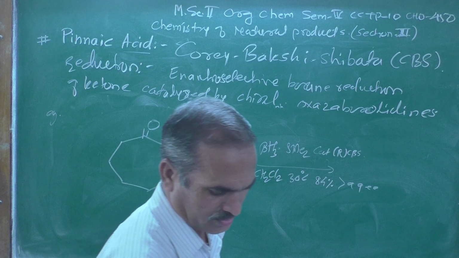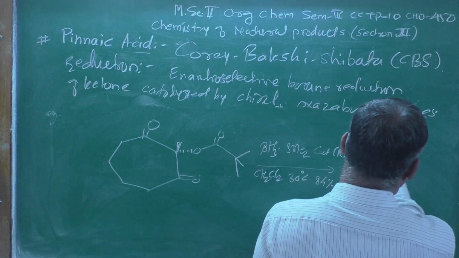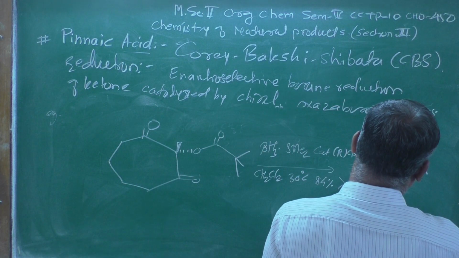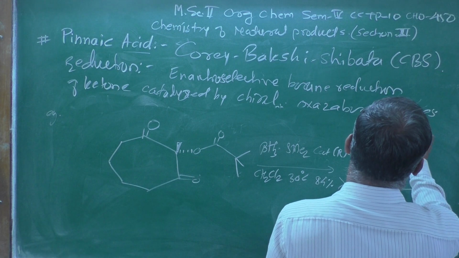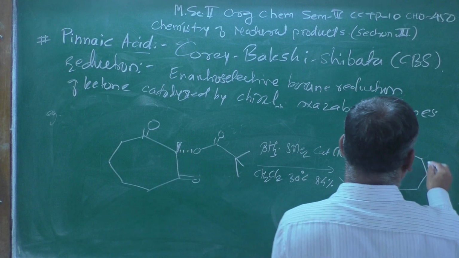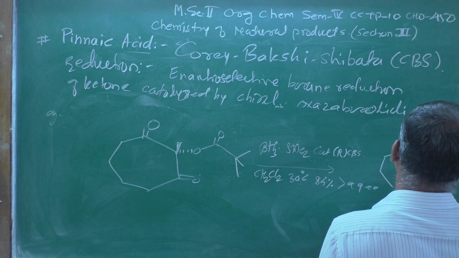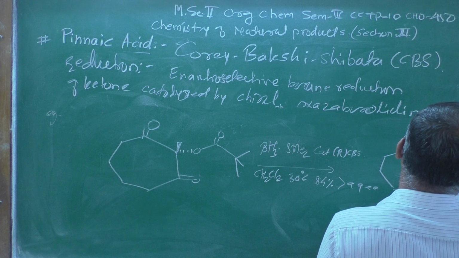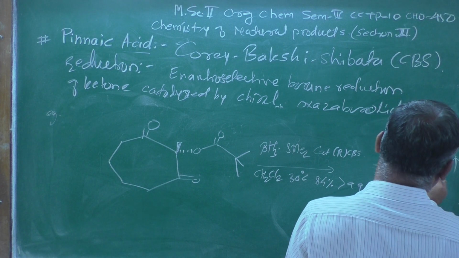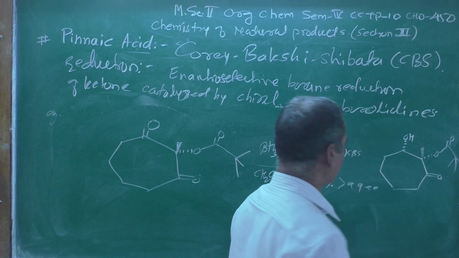And the product which we are going to get over here, this carbonyl gets reduced selectively and everything else remains as it is. O double bond O, this is a group attached over there and this carbonyl group remains as it is.